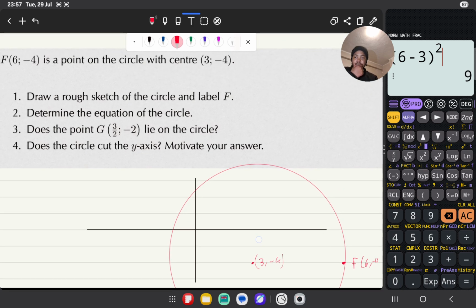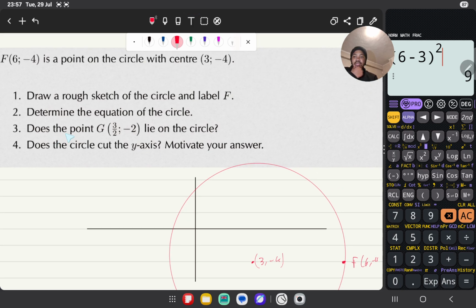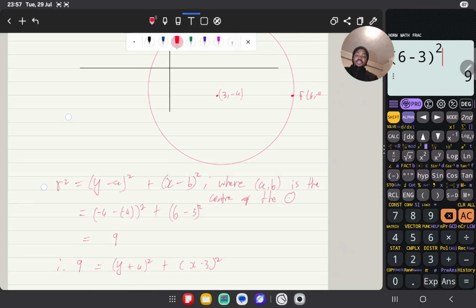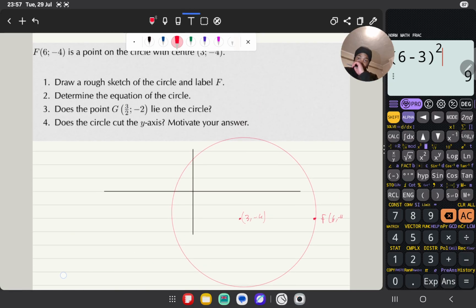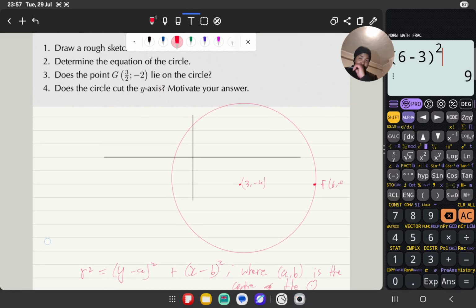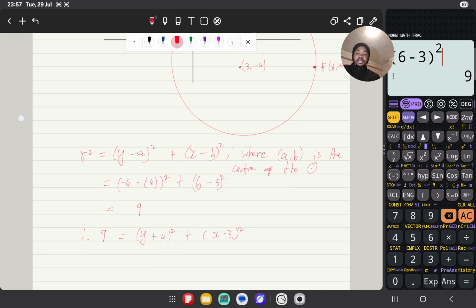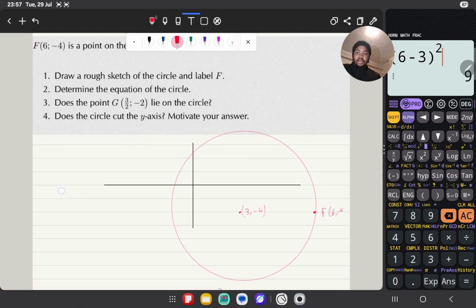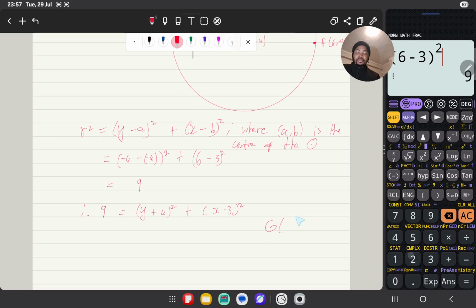Let's see. Does point G lie on the circle? To see if it lies on the circle, we're going to substitute this point. Point G is 3 over 2 and minus 2, right?